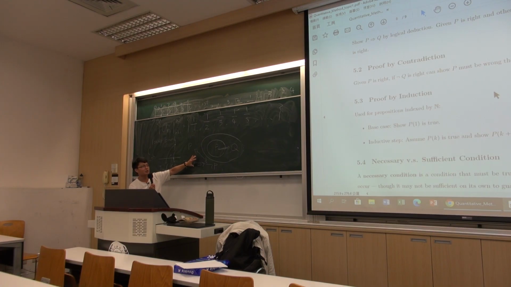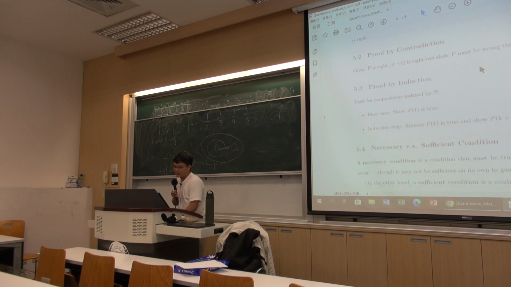And by that contradiction, we can argue that Q has to be right as well, otherwise P cannot be right. So that is the idea. And if you have taken the waiver exam, the first question you can use contradiction to prove it.